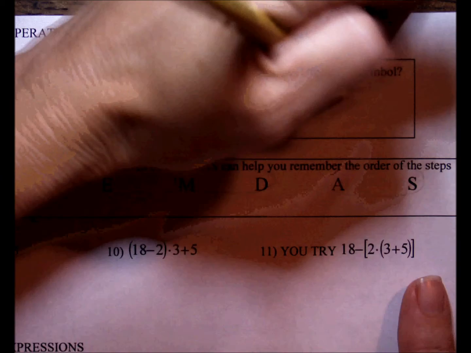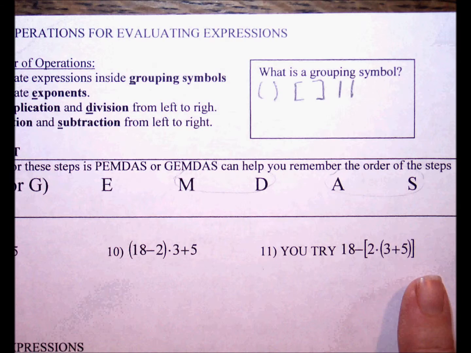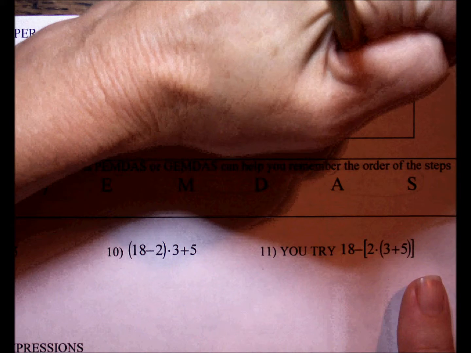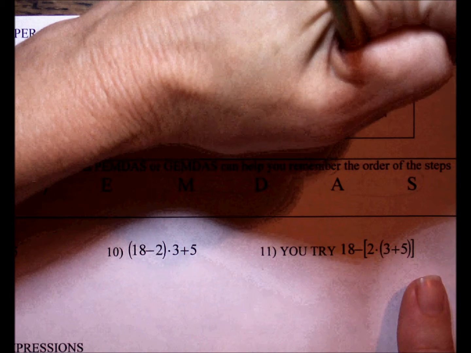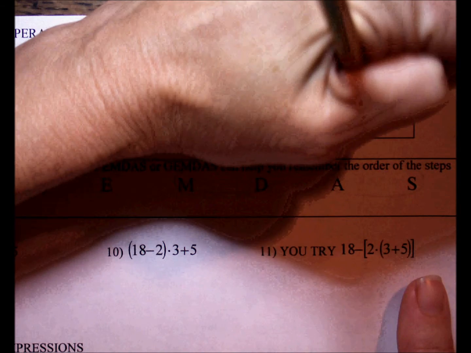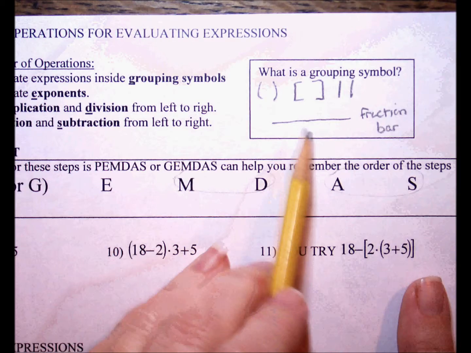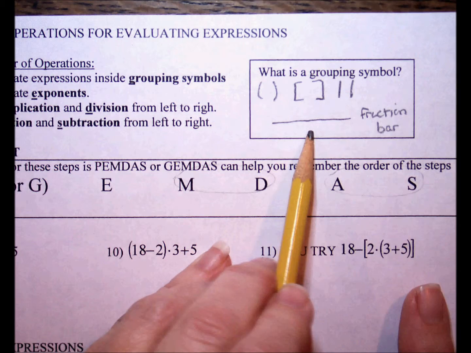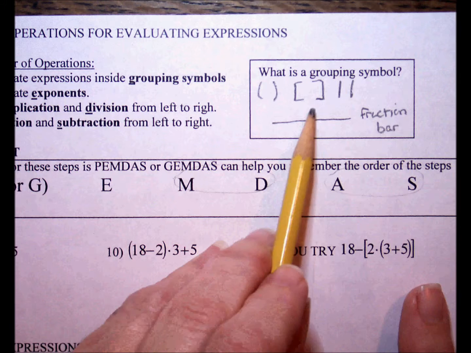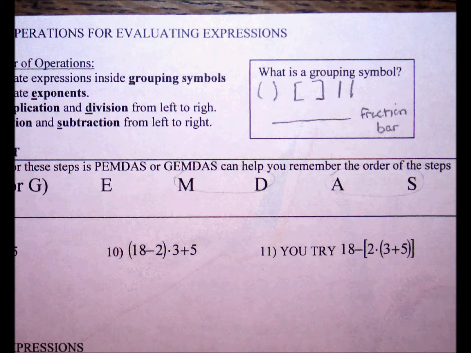And then absolute value is a grouping symbol. And then how about a fraction bar? We want to evaluate everything in the numerator first with order of operations, and then everything in the denominator together, and then simplify. That's how we would do it using order of operations.